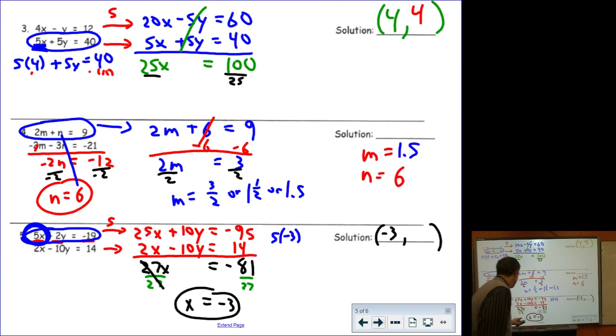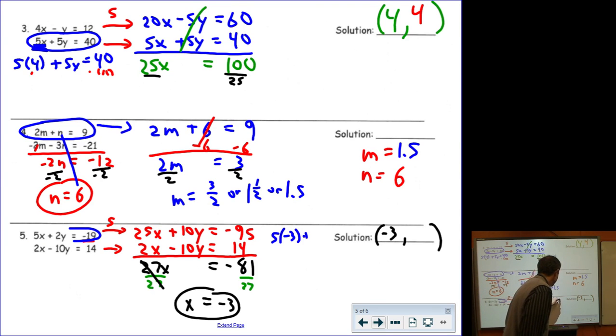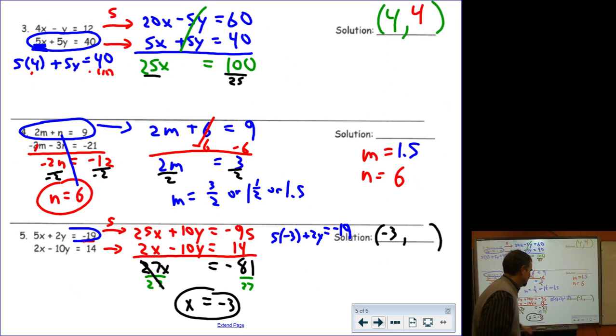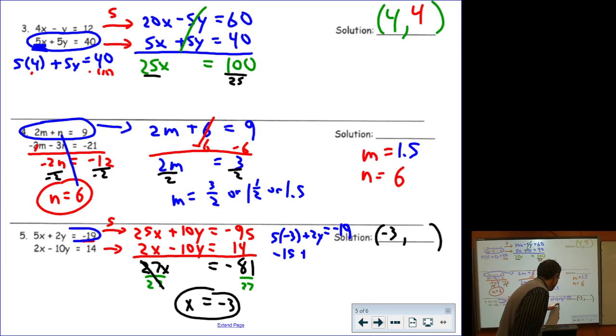Plus, is that a plus? It is a plus. Plus 2y equals negative 19. Oops. So that would be negative 15 plus 2y equals negative 19.